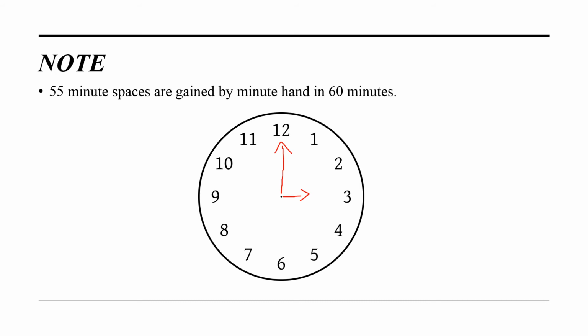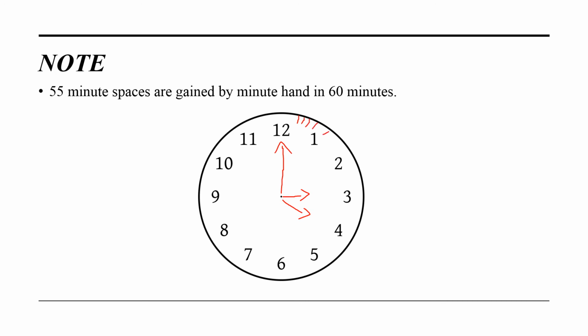And when the time shows 4 o'clock, the hour hand points exactly towards 4 and the minute hand points exactly towards 12.